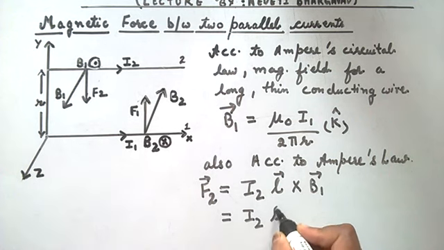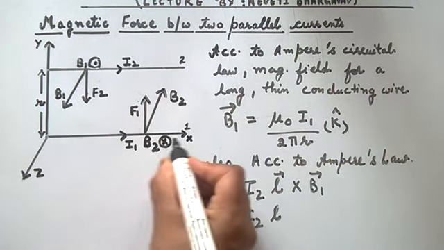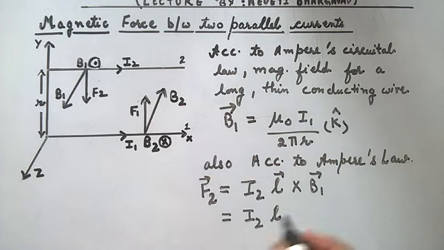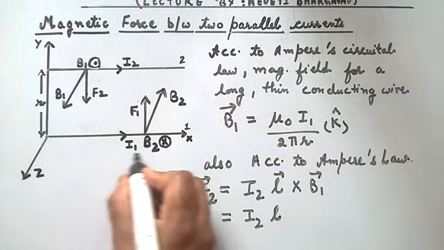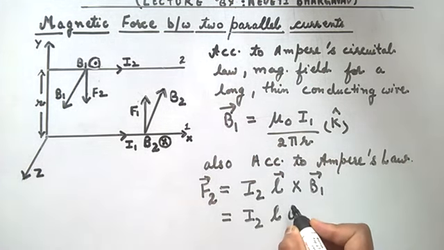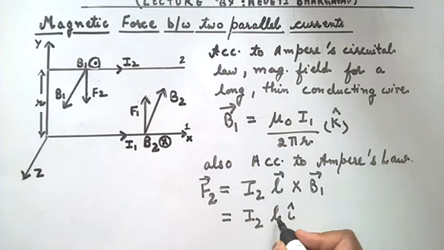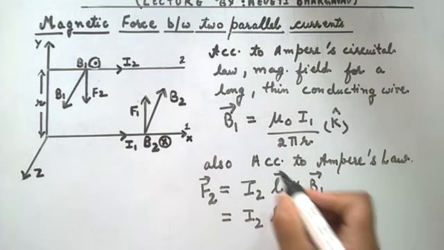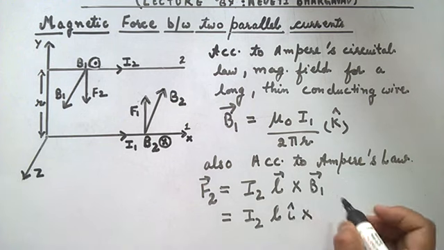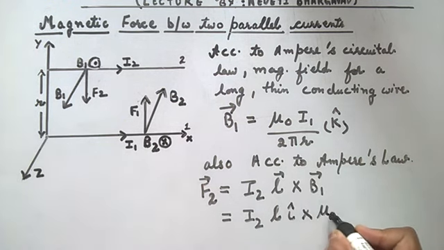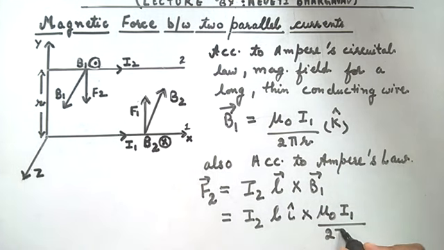L is the length of the conducting wire, and its direction is along the direction of current, that is along the x axis. So L i cap cross B1 vector is mu naught I1 upon 2 pi r k cap.